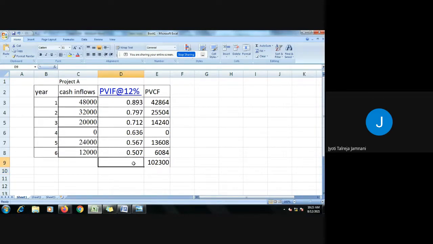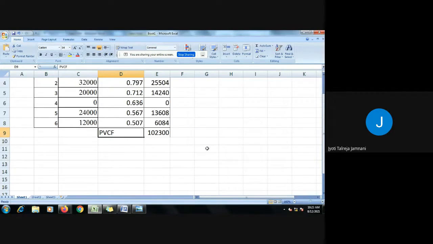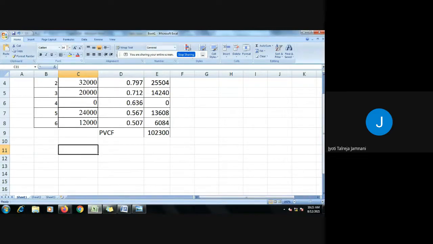I'll write here PVCF, that is present value of cash flows. Now I have told you the NPV formula, so I'll write it here for you. NPV is equal to present value of cash flows minus initial investment.